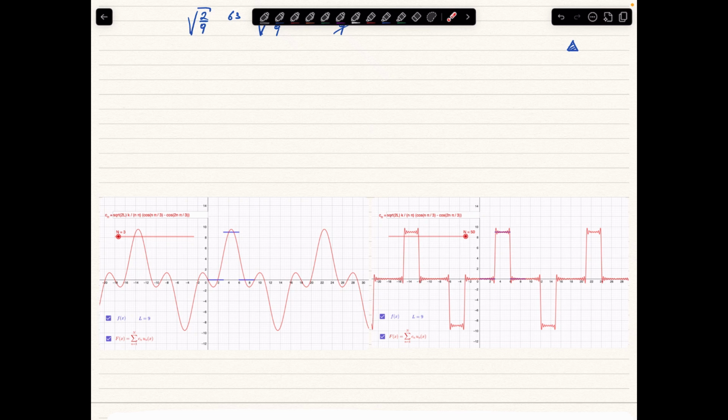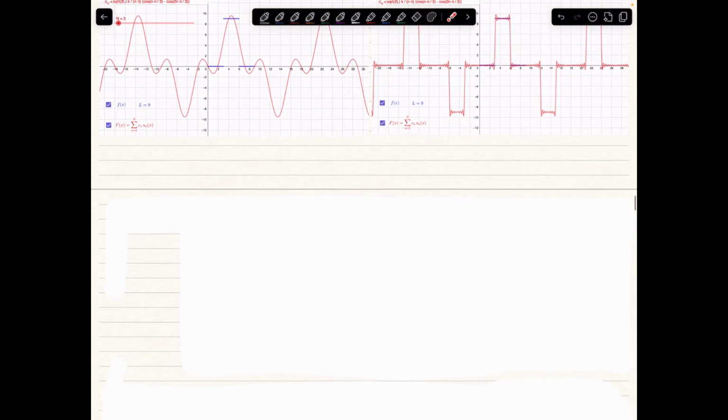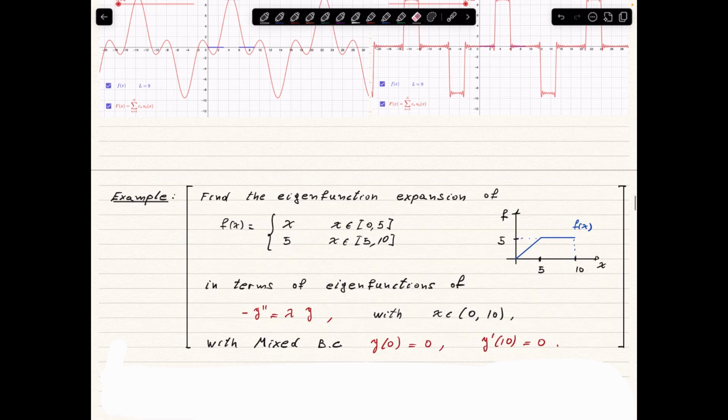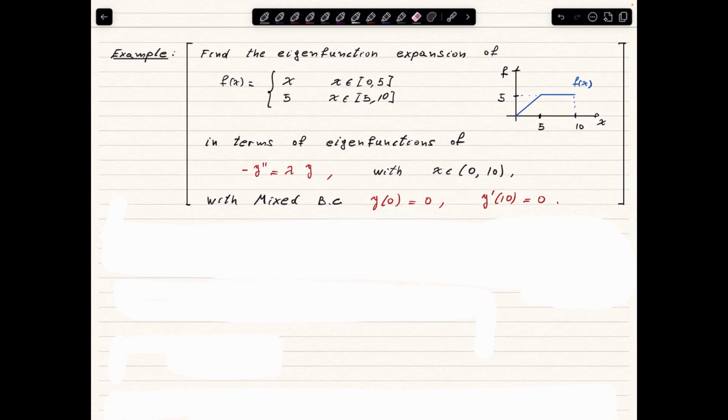We have one more example, but since we are running out of time, I'm going to show you the calculation instead of writing everything. I'm going to unveil the calculation and then you can do it yourself and compare with this video. So, example, suppose that we have this function now, and it's a little bit more complicated than before because we have the function x in the first half of the interval, and constant on the second half.